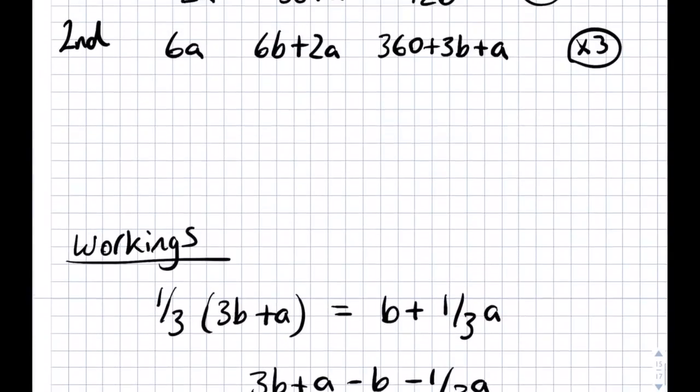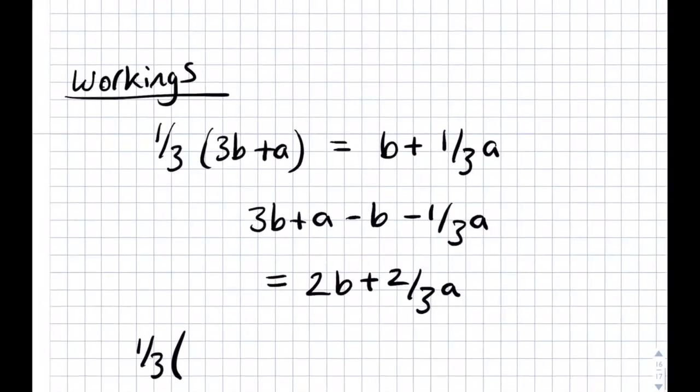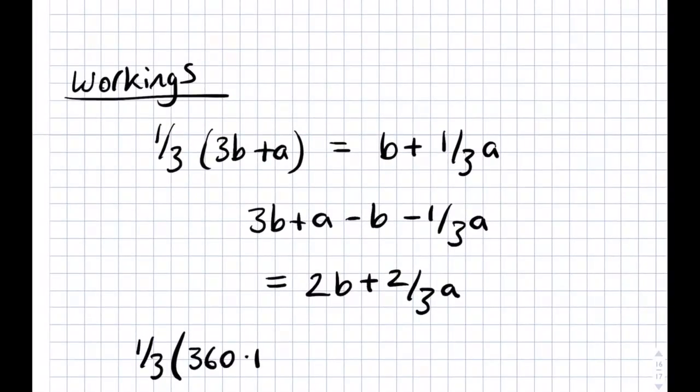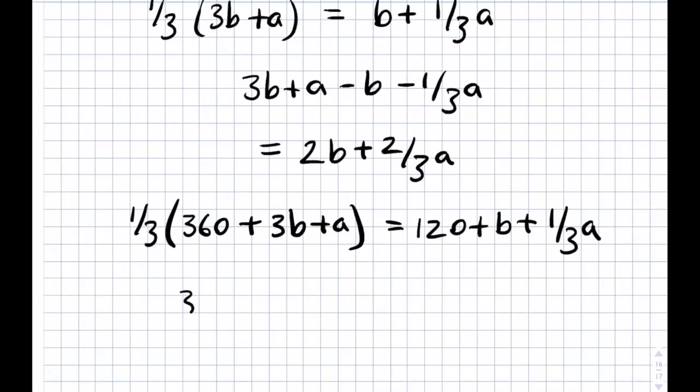So again, we can take 1/3 of this, so 1/3 of 360 plus 3B plus A. That's going to give us 120 plus B plus 1/3 of A. Subtract it from this result.